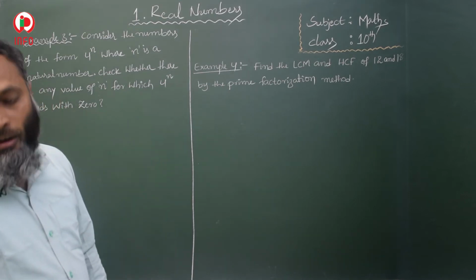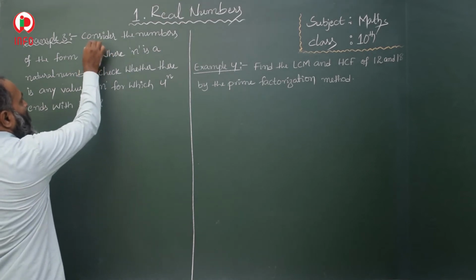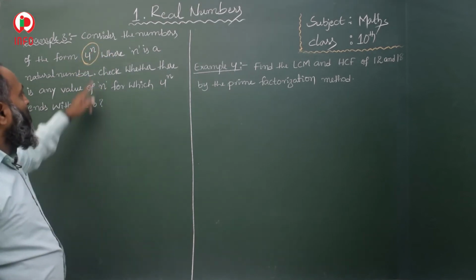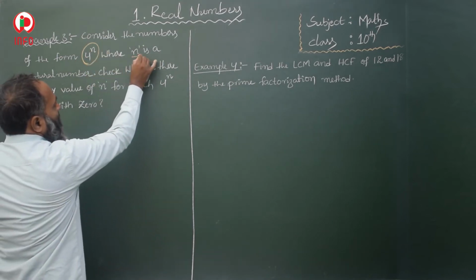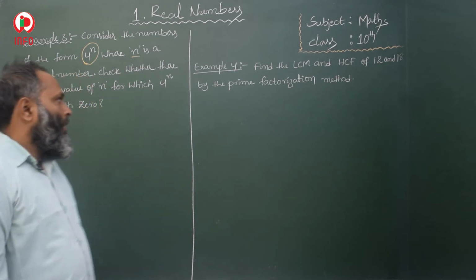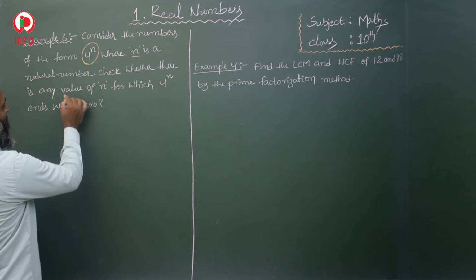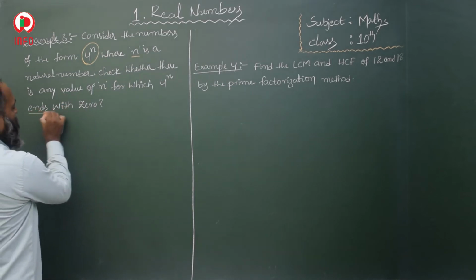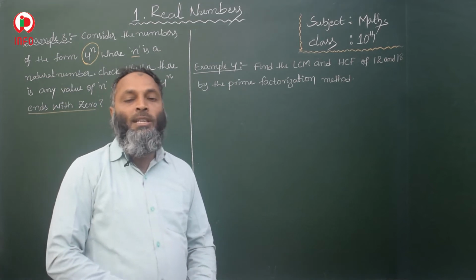Here 4 power n is given, and the exponent n is any natural number. He is asking whether for any value of n it ends with 0.